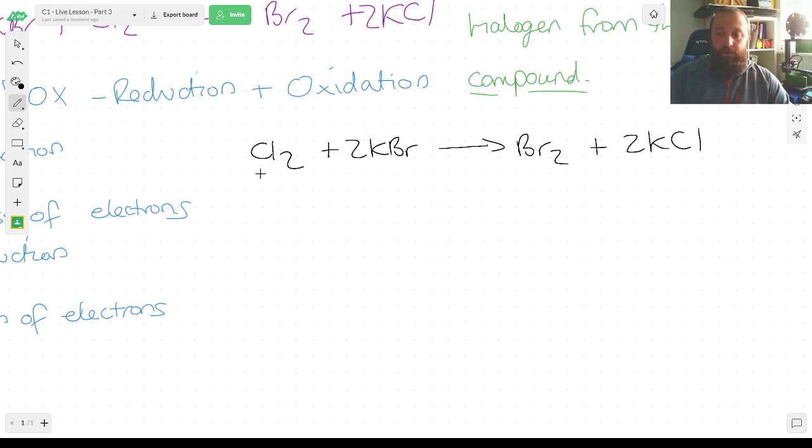I am going from a molecule. But these are atoms because they have no charge to them. So it's really important to note, this is neutral. These are ions, so they're charged.